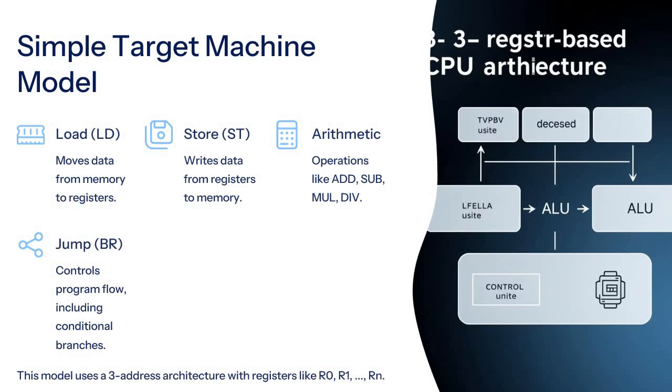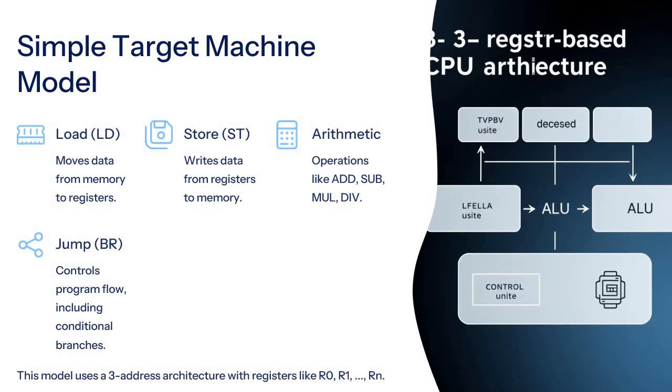Let's look at a simple target machine model, which is often used in compiler courses to illustrate code generation. So this model typically supports load, that is to move data from memory to register. Second is store, to move data from a register back to the memory.